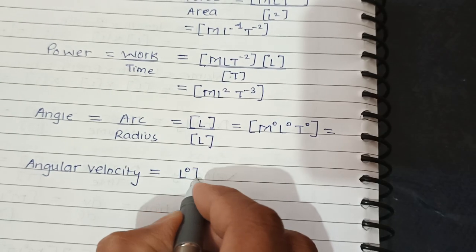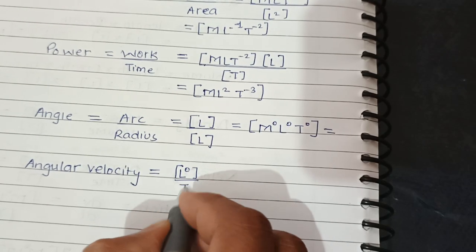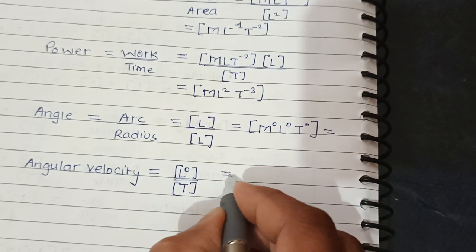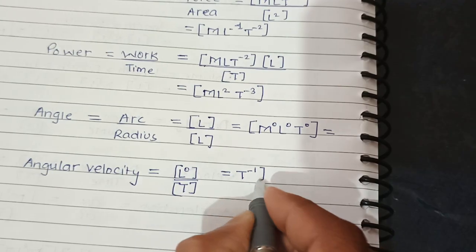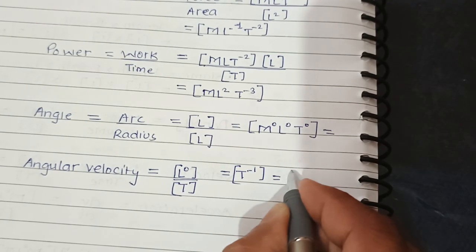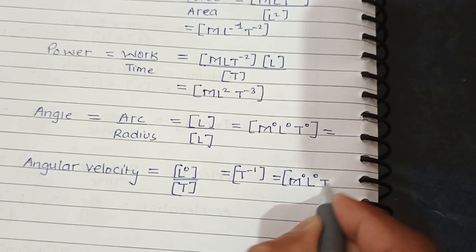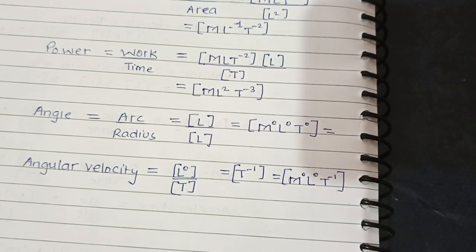Angular velocity is angle upon time, so that is T to the power minus 1. So we can write M to the power 0, L to the power 0, T to the power minus 1. This is the angular velocity.